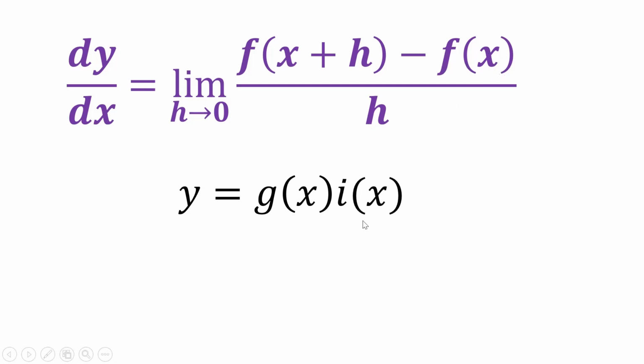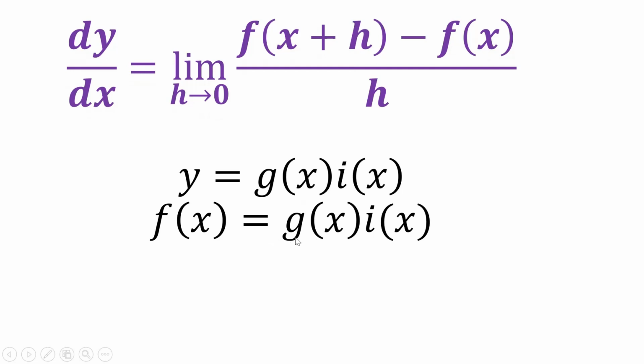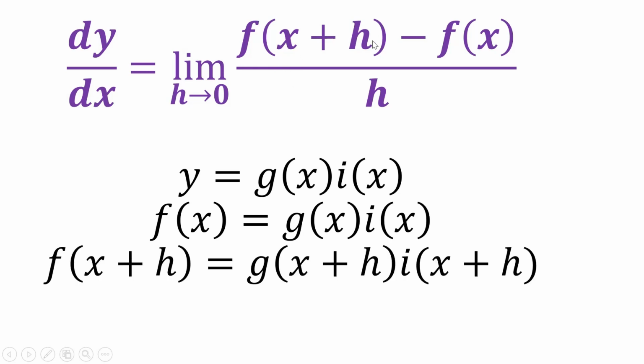And in this case, f of x is j of x, I of x. We also need f of x plus h, and that is j of x plus h, I of x plus h. So we are going to put this into the function and solve for the product rule.